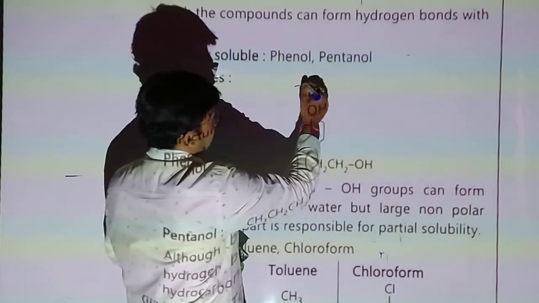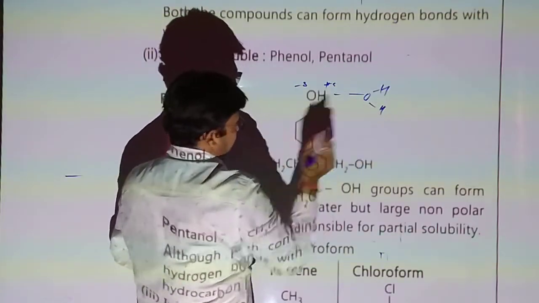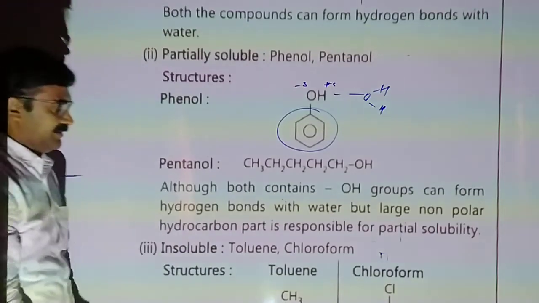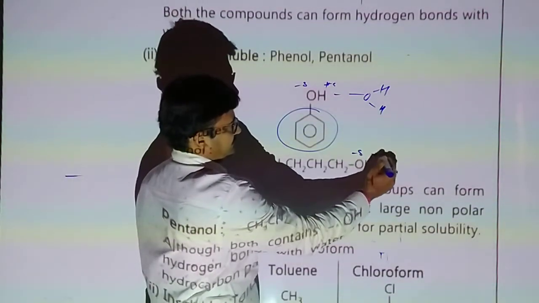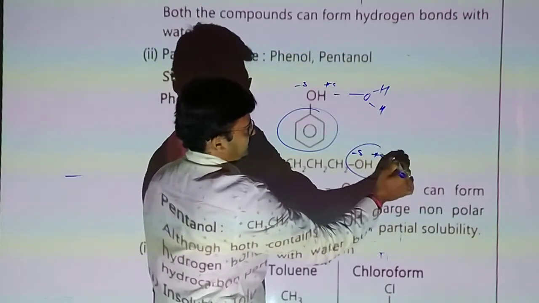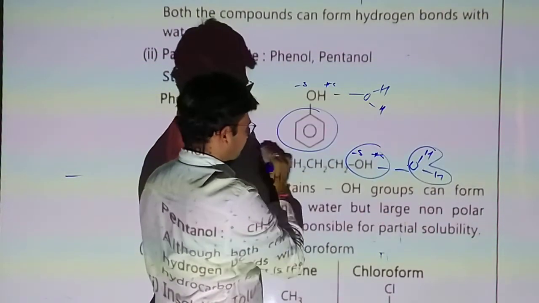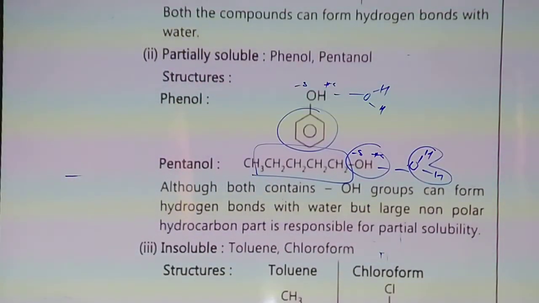Phenol has an OH group, so it makes a hydrogen bond with water, but the major part is non-polar, so it partially dissolves. Here the same OH group makes a hydrogen bond with water, but the major part is insoluble, so it is partially soluble.